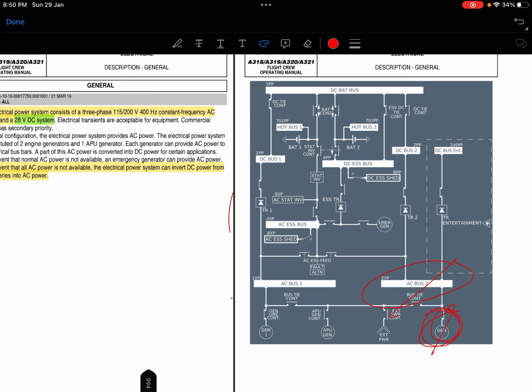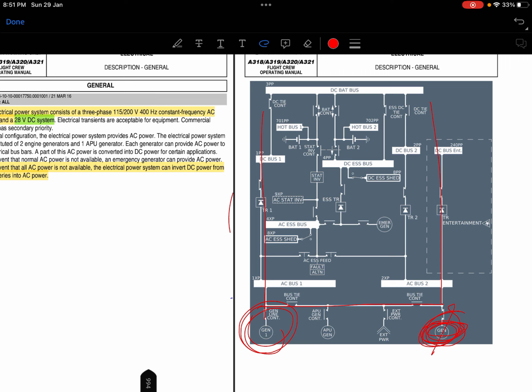This generator fails basically. So what will happen is, now this generator will be supplying this AC bus 1. I will clear it first. Okay, this generator has failed, and generator 1 will supply this line and this 2, right?